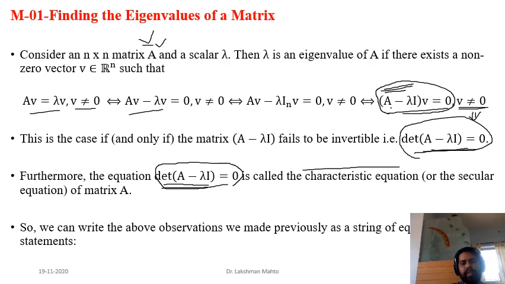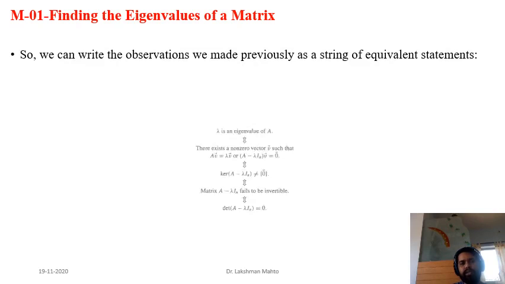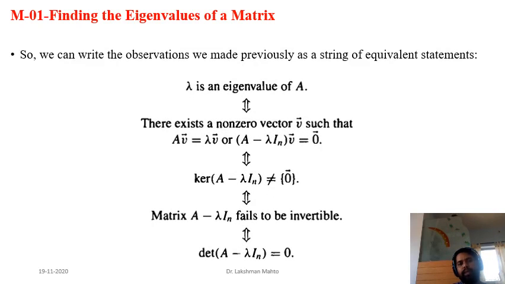So we can write the above observation as a string of equivalent statements in the next slide. It looks like this way. If lambda is an eigenvalue of A, it simply says that there exists a non-zero vector v such that Av equals lambda times v. That means there is no change in direction. It means you can write this equation like this way: this homogeneous equation, (A minus lambda I) v equal to 0.